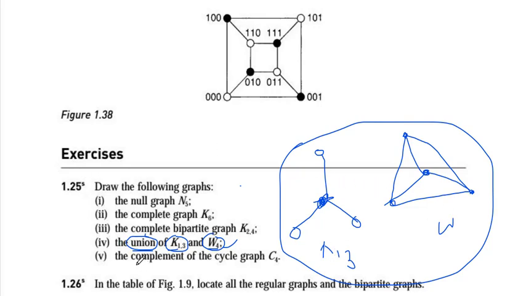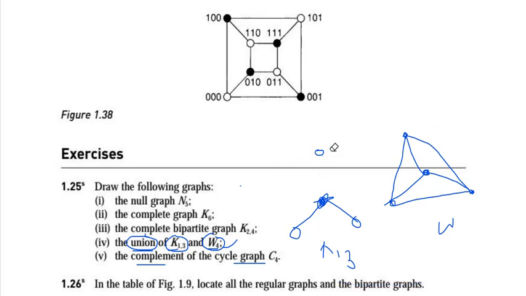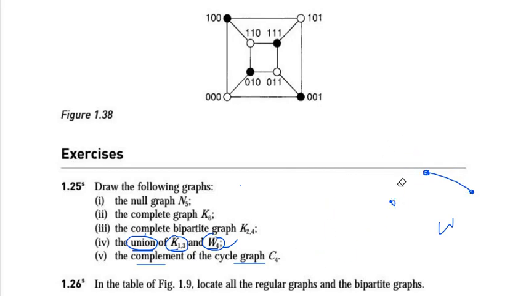Then next is the complement of cycle graph C4. As I recall, we studied this in the last-to-last lecture. Complement means opposite. So first draw cycle graph C4, like this, and then draw its complement.